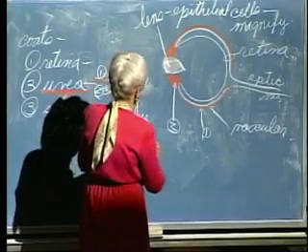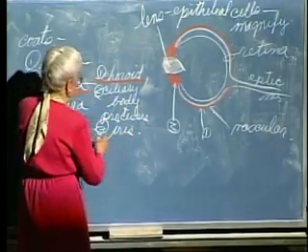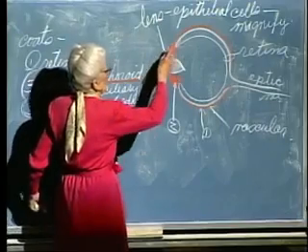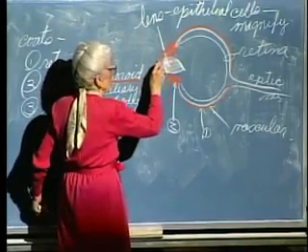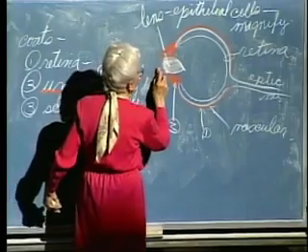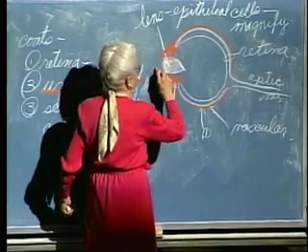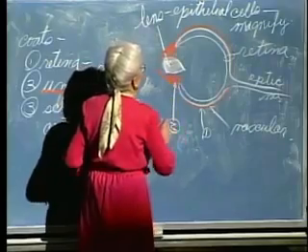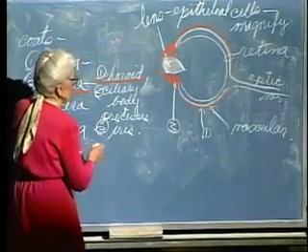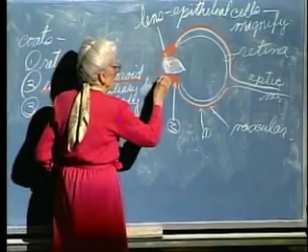So the other structure that we need will be the iris, and the iris is going to come around here. So this is as we see the iris in this position.